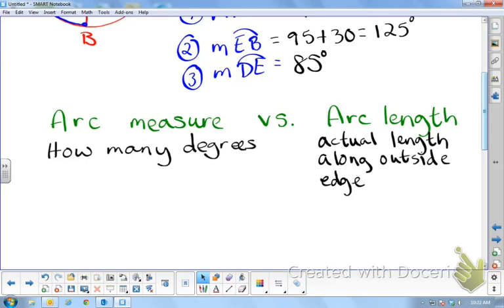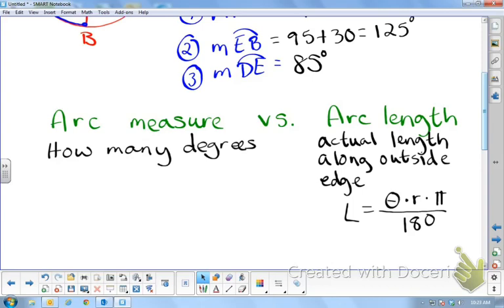So the arc length formula is theta times r times pi over 180. Arc length would be theta. What do I mean by theta? Angle.